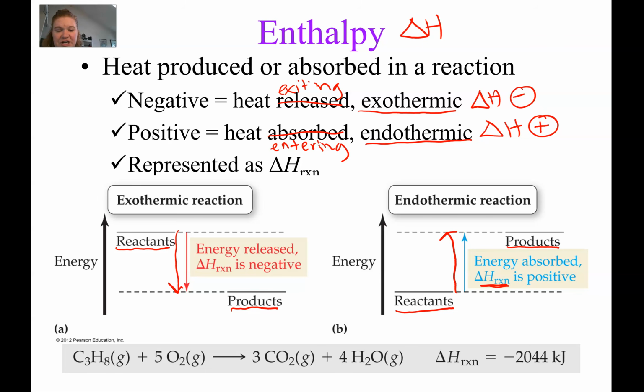And we can associate a specific amount of energy with a reaction. So on the bottom here we have C3H8 plus oxygen makes CO2 and water. C3H8 is propane, so this is the combustion of propane, and it tells us that this reaction has an enthalpy of negative 2,044 kilojoules.